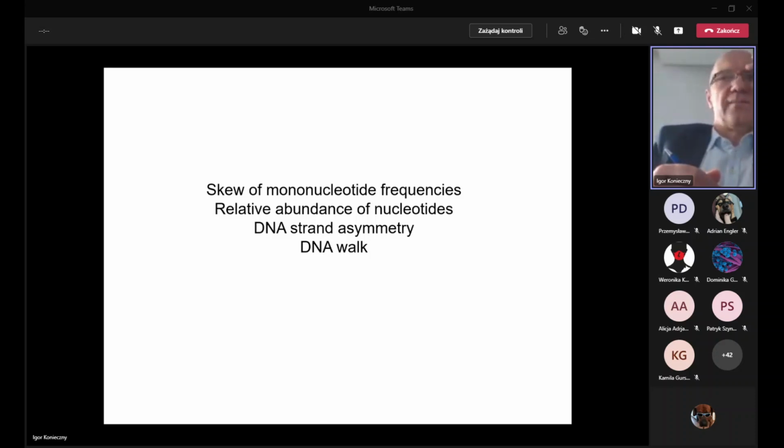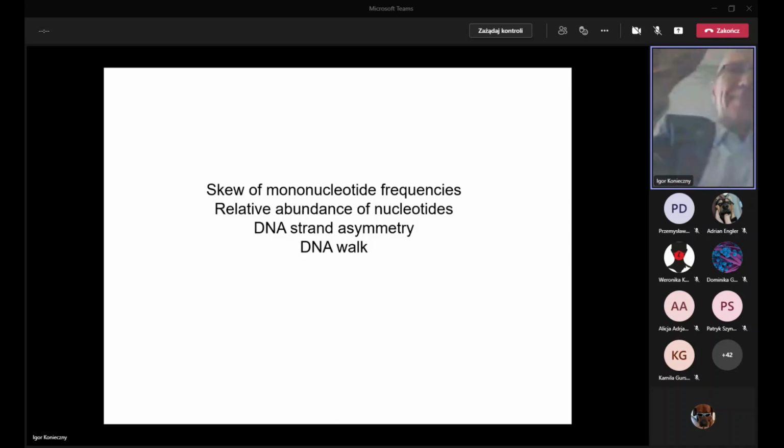What do you think? Unequal distribution, or some unequal frequencies of a distribution of mononucleotides. So what kind of DNA asymmetry do we have in the chromosome?